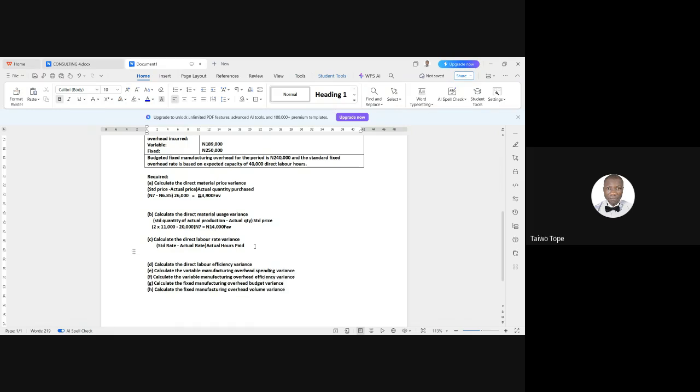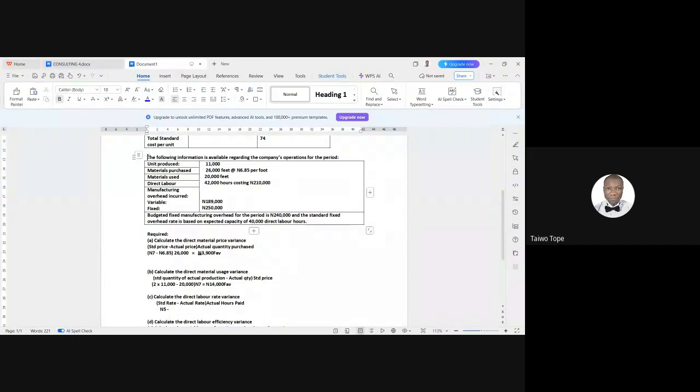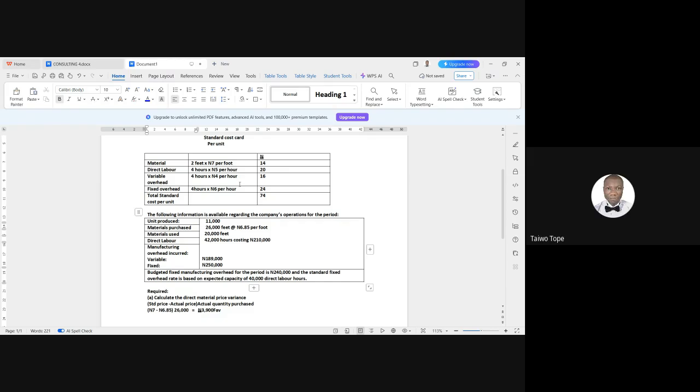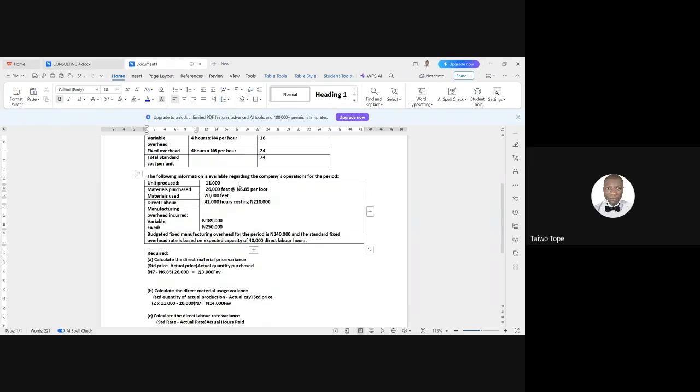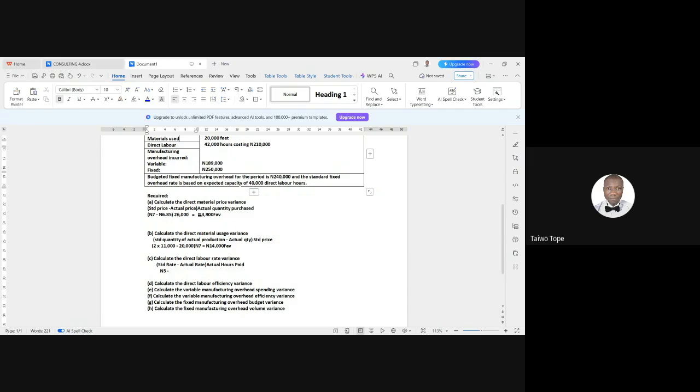So we have it as 5 naira. Your actual rate is what? In terms of labor, we have 42,000 hours costing 210,000 naira. Now, we need the labor rate per hour.